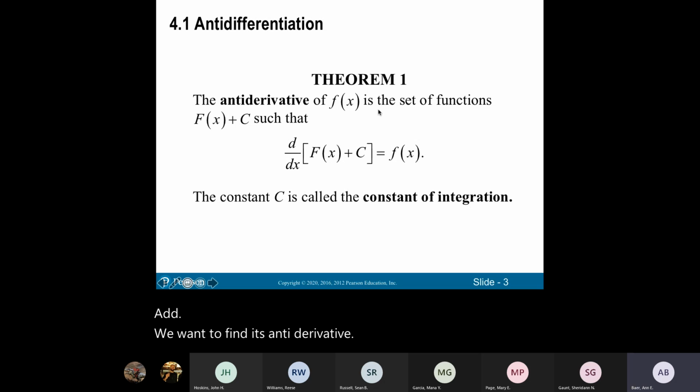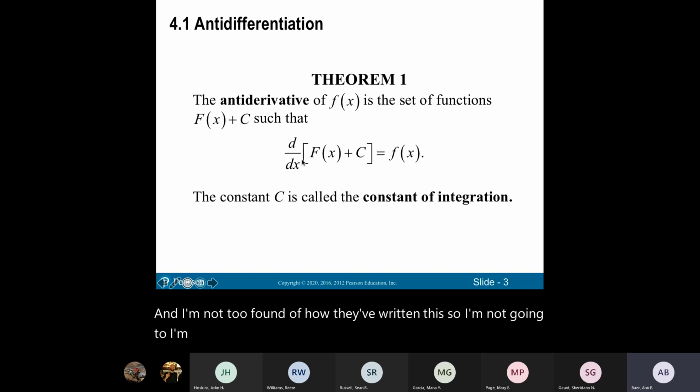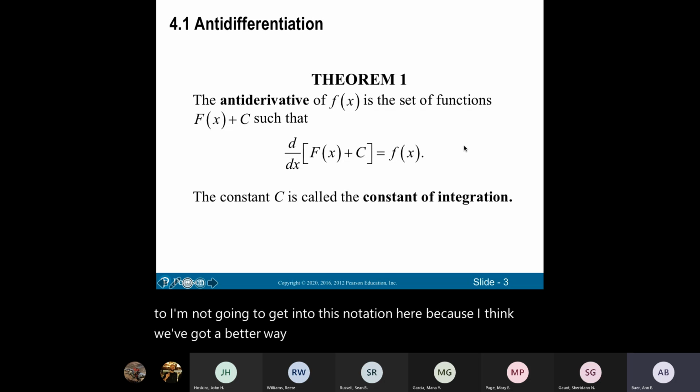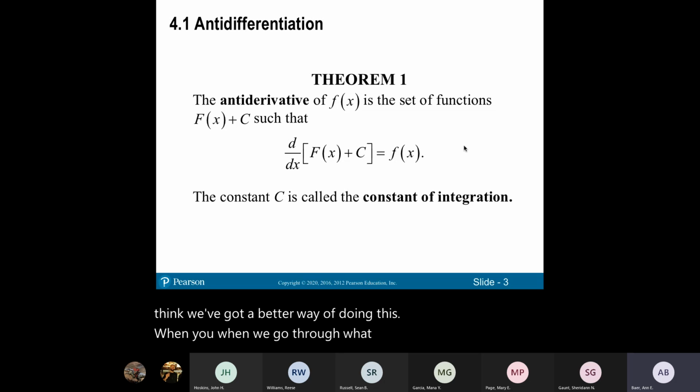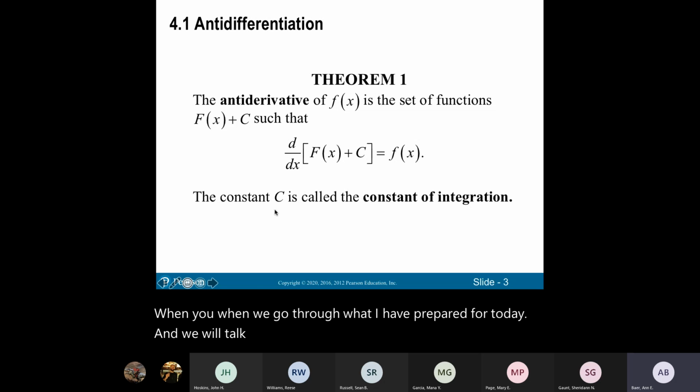I'm not too fond of how they've written this, so I'm not going to get into this notation here, because I think we've got a better way of doing this in what I have prepared for today. And we will talk about this constant C called the constant of integration.